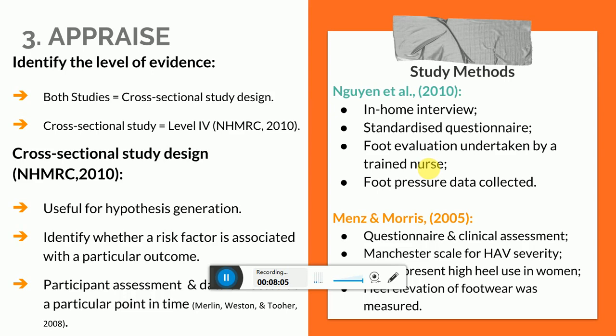However, they cannot infer causality, as a time dimension was not included in either study. To investigate any theorized associations, cross-sectional study participants are assessed at a particular point in time, or cross-section, and data collected on outcomes relates to that point in time, as was the case with both of our chosen studies.